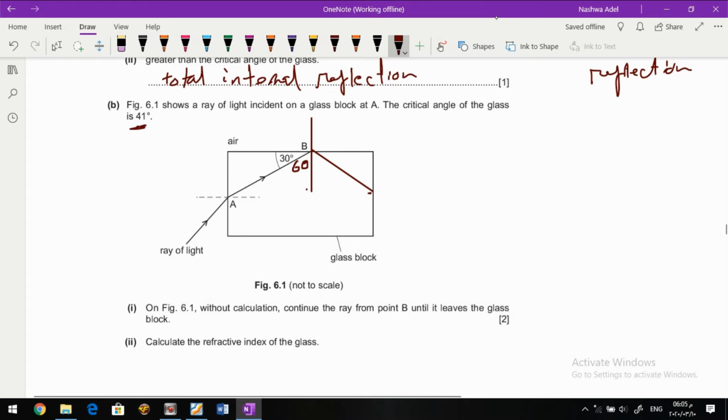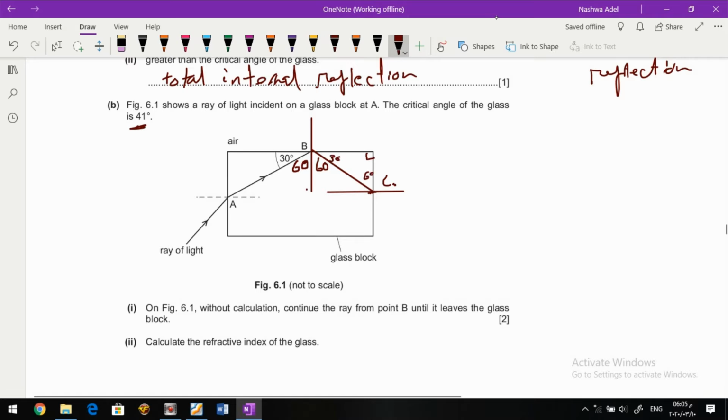So here the angle of incidence equal to the angle of reflection is 60. And at this point, let this point be C. We have to draw a normal line at the point C. Another normal line here. And once again, here we have to calculate the angle of incidence. So this is 90, and this is 60, so this is 30.